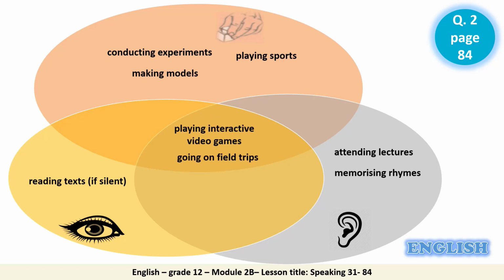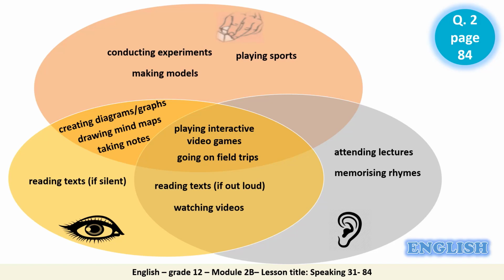Amazing! Playing interactive video games and going on field trips are a combination of the three learning styles. However, activities like reading texts loud and watching videos are a combination of visual and auditory.